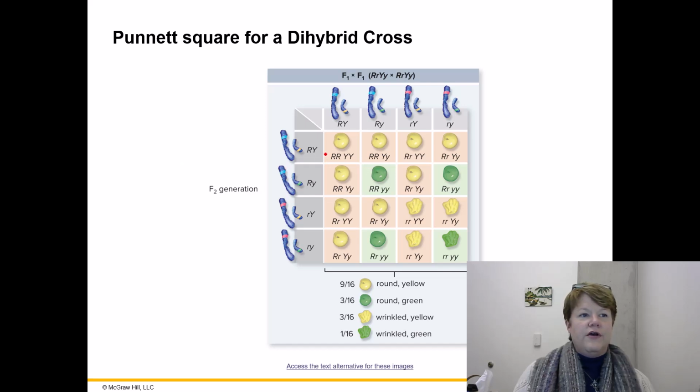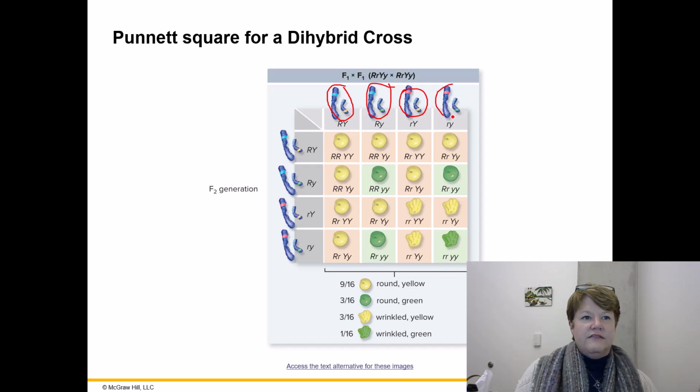So here's where they show it all. This is the Punnett square. So this is the chromosomal depiction of the gametes. So let's say this is an egg, this is an egg, this is an egg, and this is an egg. What you're seeing is that each egg has to have an R and a Y. But since the mother here has big R and little r, big Y and little y, you can get any combination in the egg.